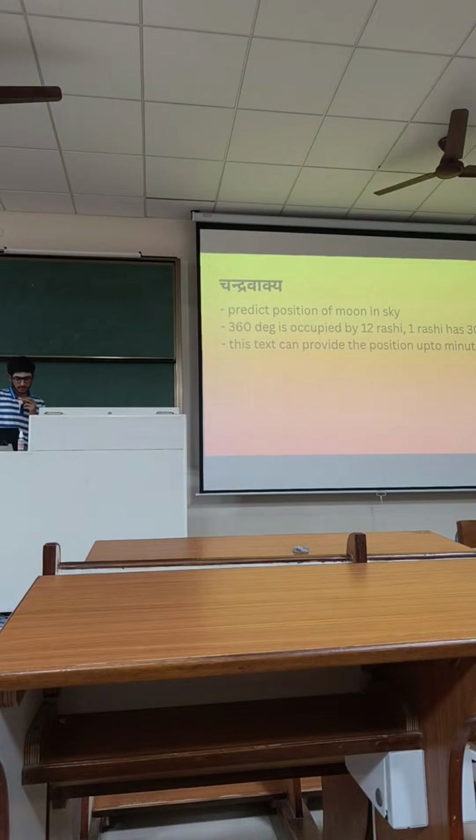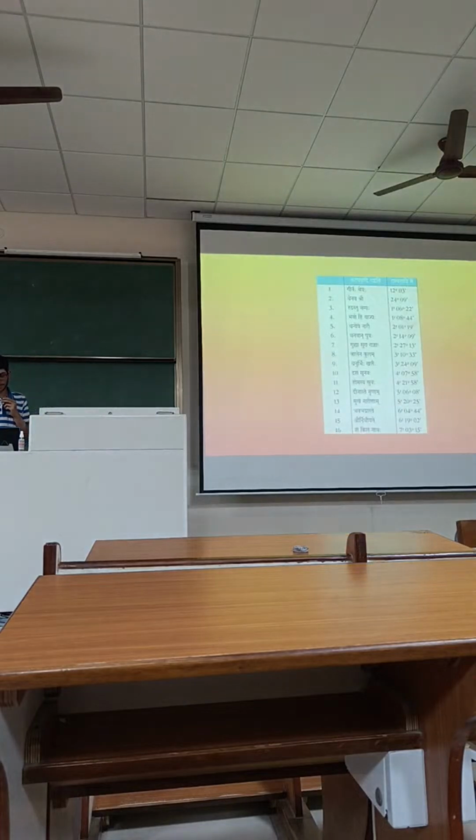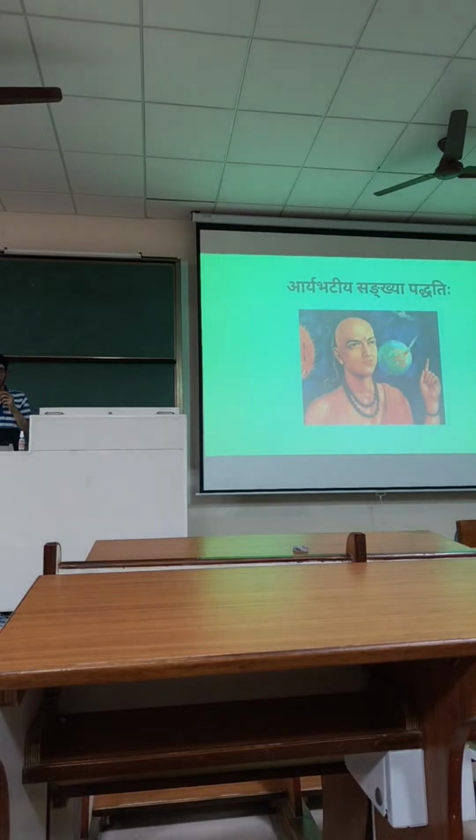And this text, Chandravakya, has provided the exact positions up to the minute scale, which is a great achievement given the equipment they had in those days. We can see the values which they have tried to encode. And so that's it.